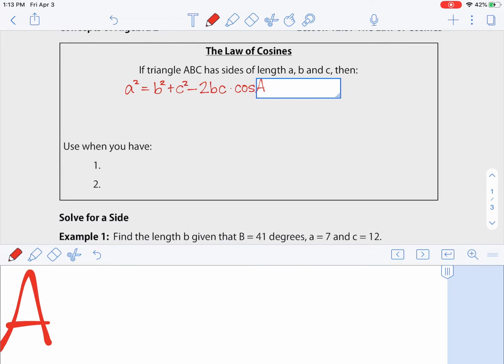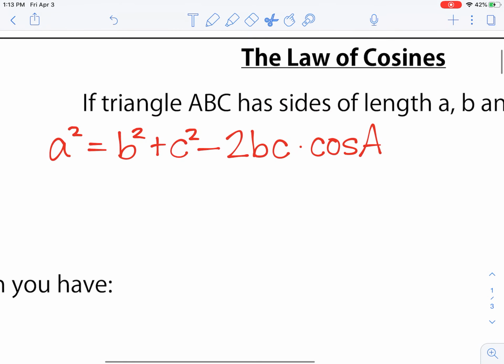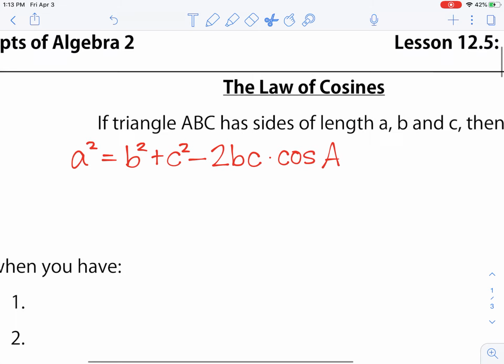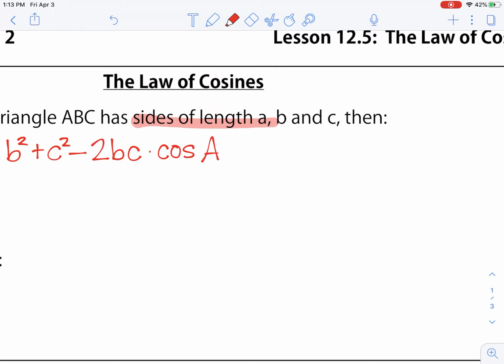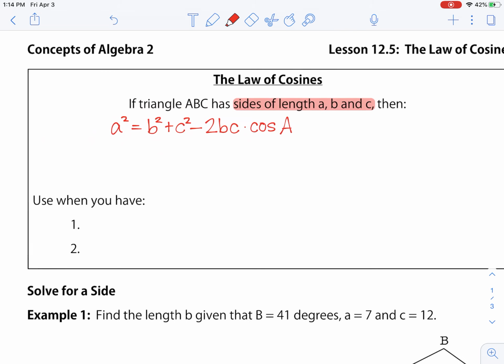So as a reminder about the way in which to read this, remember that when we use lowercase letters, we're referring to side lengths. So you'll see up in the information, sides are a, b, and c. If you see a lowercase letter, especially if it's not an a, b, or c, because the book does like to change that up, we're referring to a side.